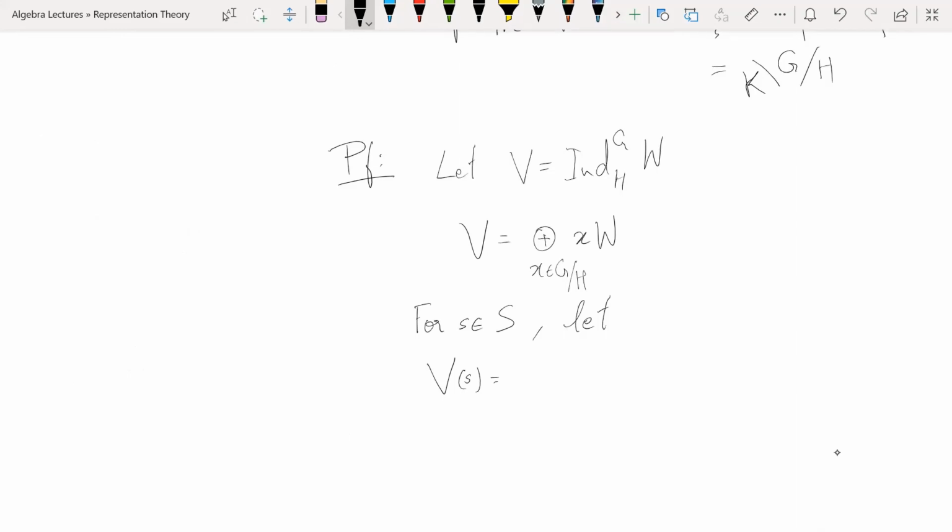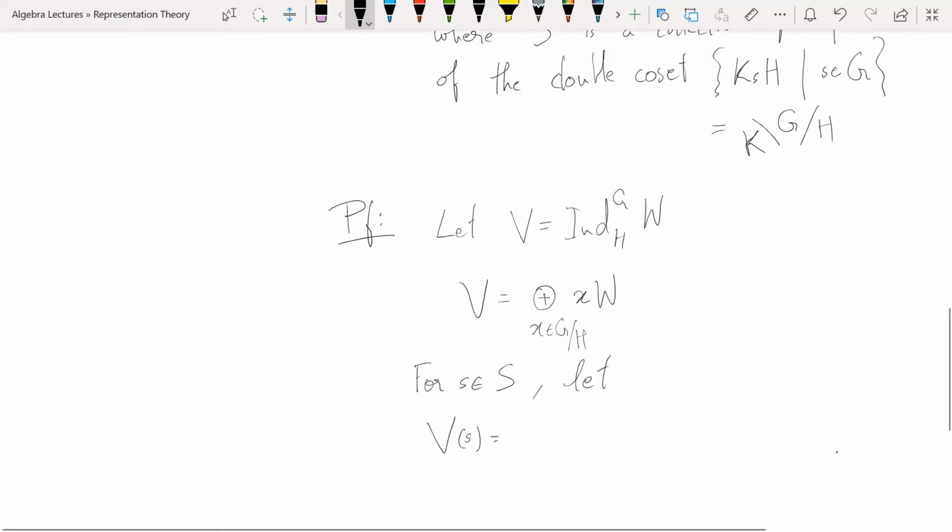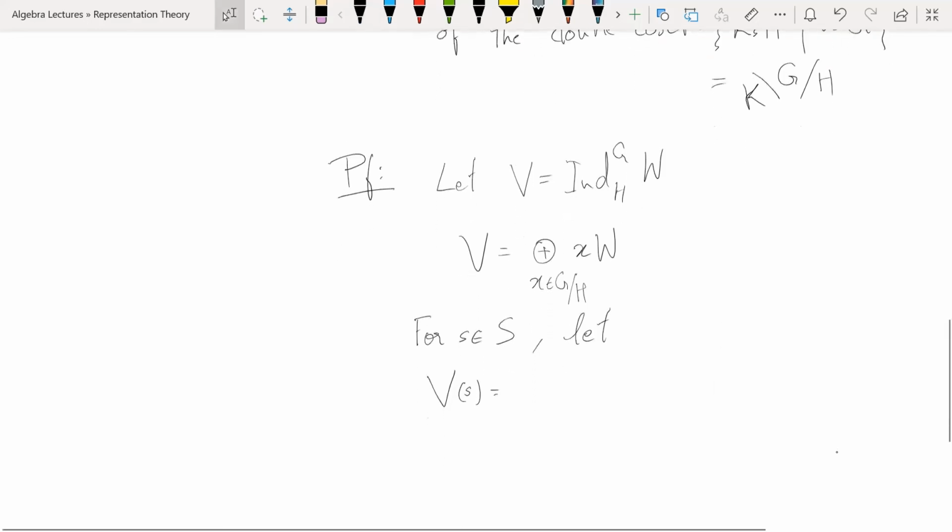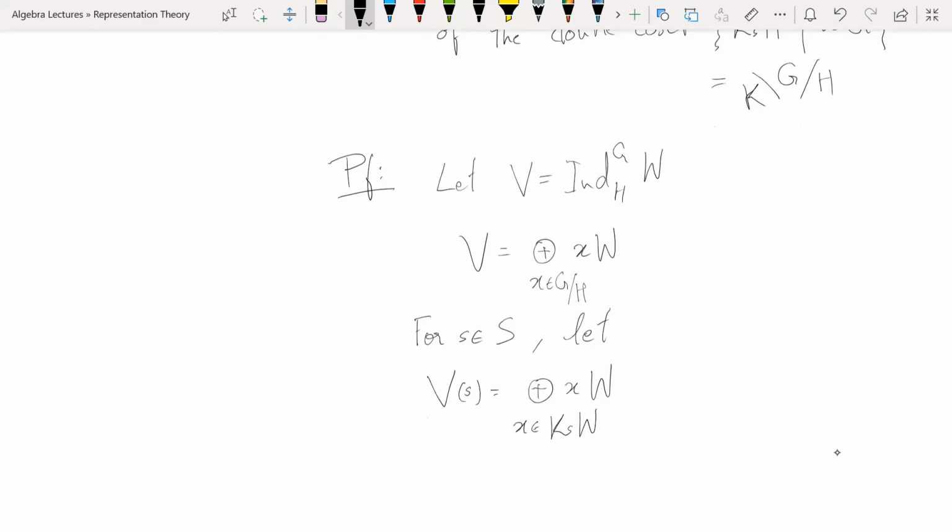So Vs is the subspace which corresponds to those cosets which come from KsW. So it is the sum of xW such that x belongs to KsH.